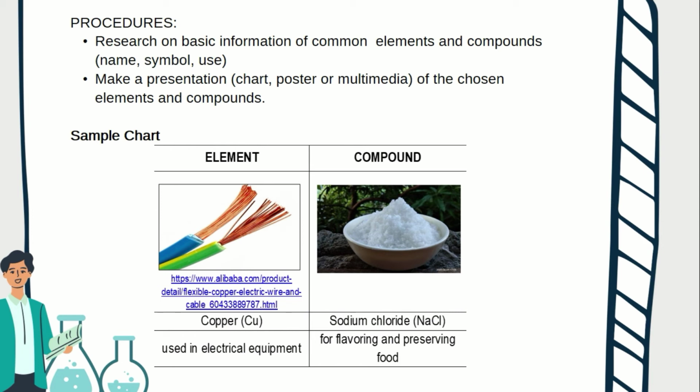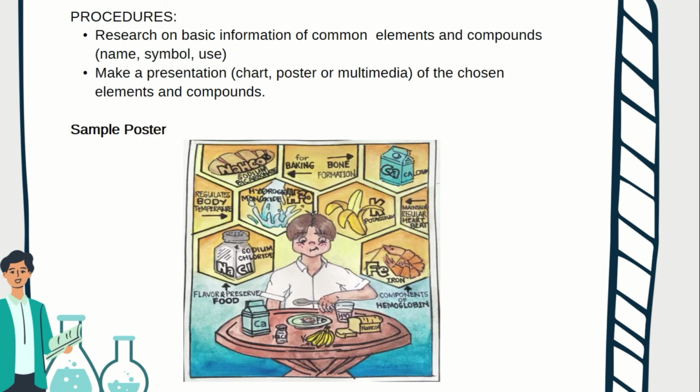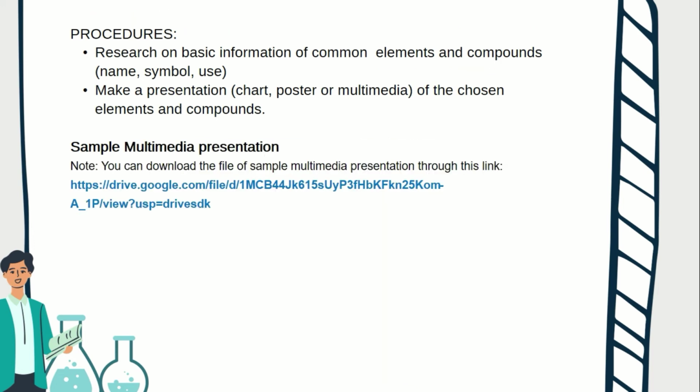For the sample poster, you have 3 elements and its illustration: potassium, iron, and calcium. For your compound, sodium bicarbonate, sodium chloride, and water. For the sample multimedia presentation, you can download the file through this link.